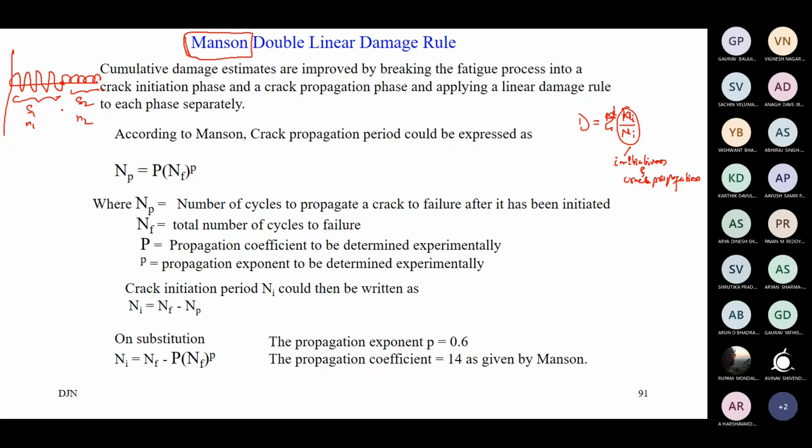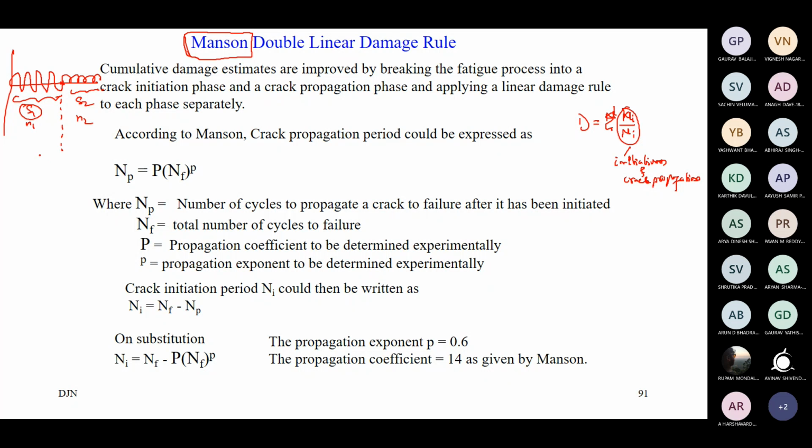For example, one of the shortcomings of the previous rule, the linear rule or Palmgren-Miner rule, is that it cannot predict the previous load effect. For instance, let us say the crack is initiated at the end of the S1 type of load.